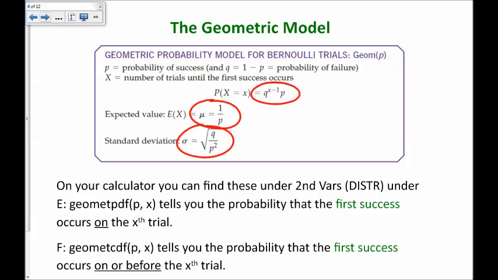Under E, Geomet PDF, the geometric probability density function, tells you the probability that the first success occurs on the xth trial. Okay? F, the Geomet CDF, the geometric cumulative density function, tells you the probability that the first success occurs on or before the xth trial.